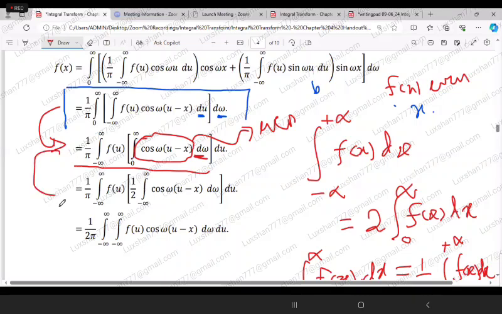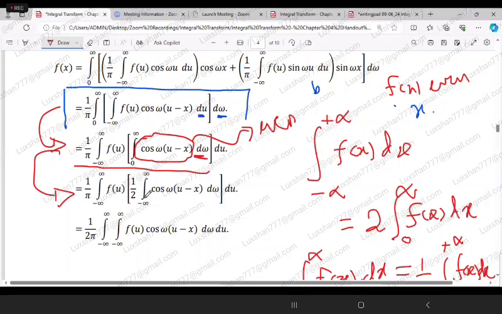Do you understand how this came from this line? Actually, since cos is an even function, we are changing the limit of the integration from minus infinity to plus infinity. Because of that, I am putting half here.